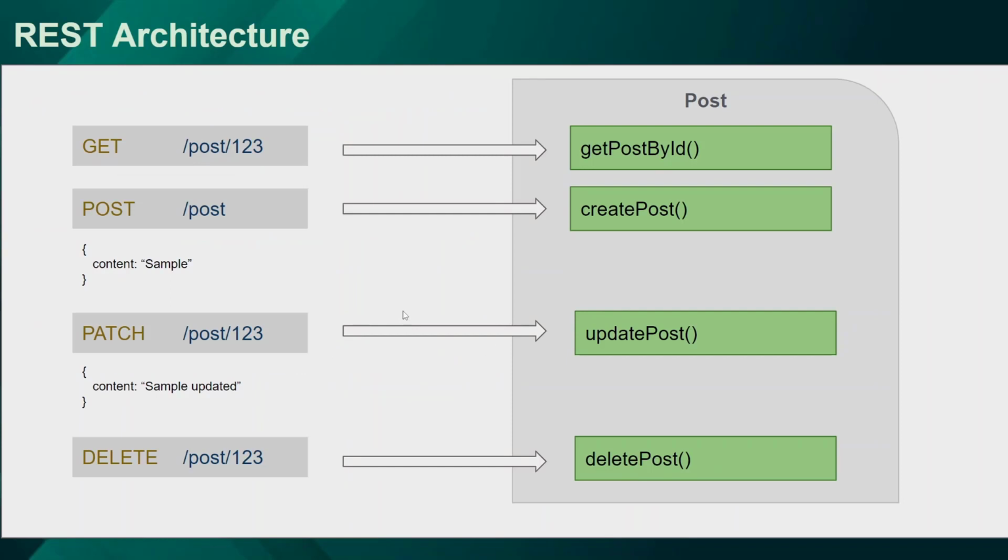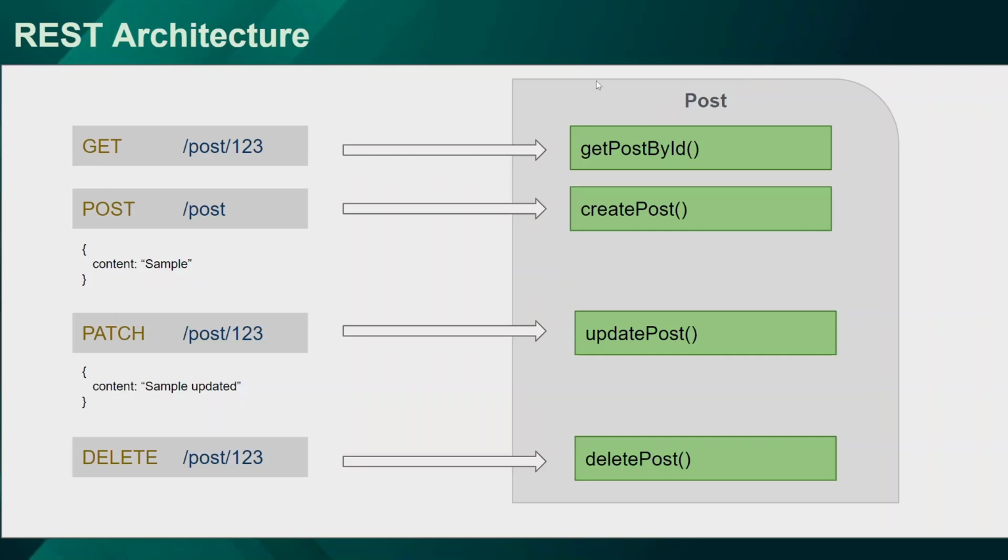Okay, so this is an example that I was going to explain. You can see on the left side we have several resource URLs, and on the right side we have several functions, and let's say post is a specific resource that is defined within our backend.